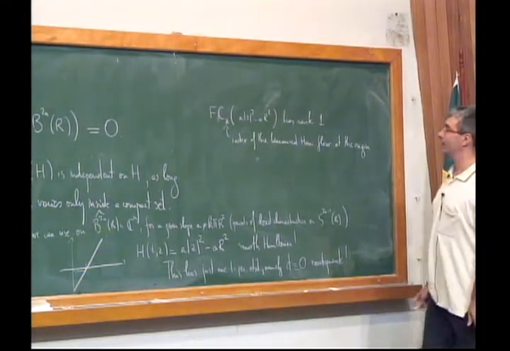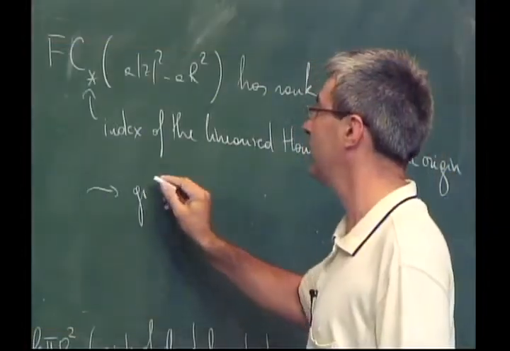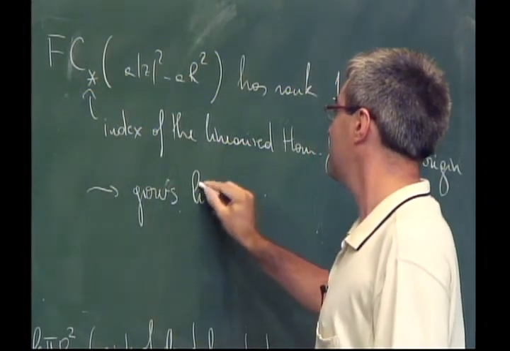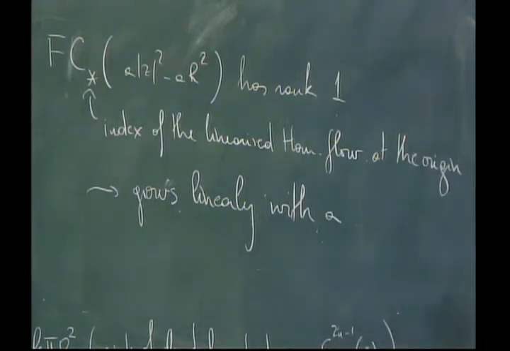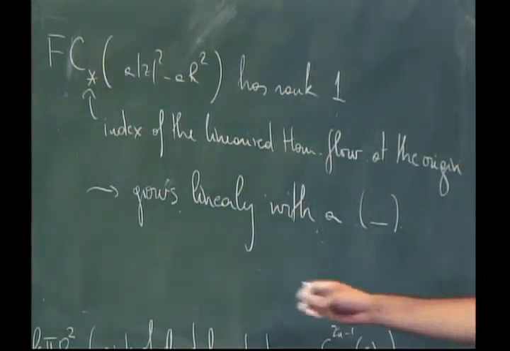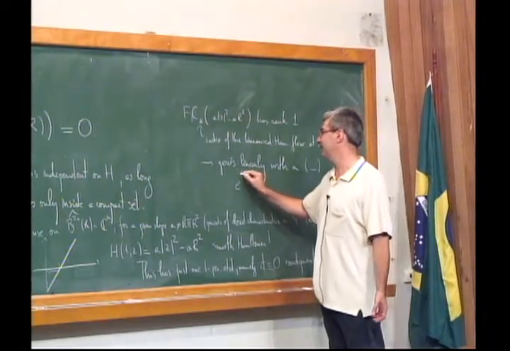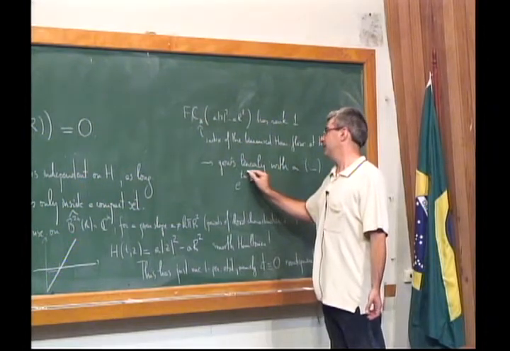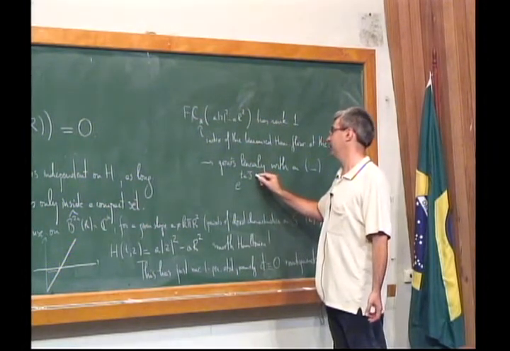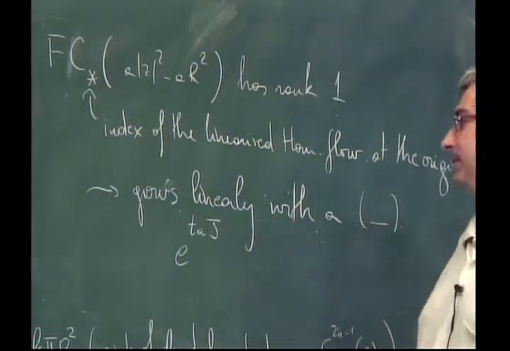This index grows linearly with A. I'm chickening out here. So it's something like the linearized flow is going to be something like e to the t a j, and then some diagonal matrix. Maybe this e to the t a j up to some factor.